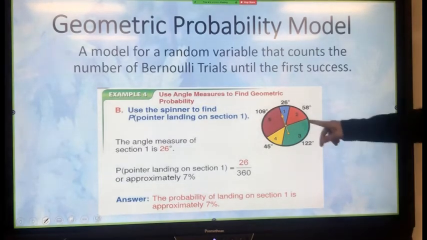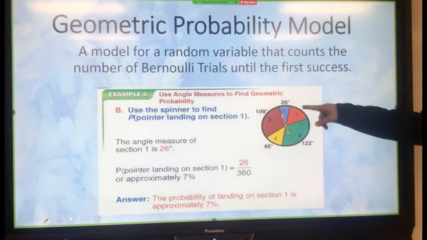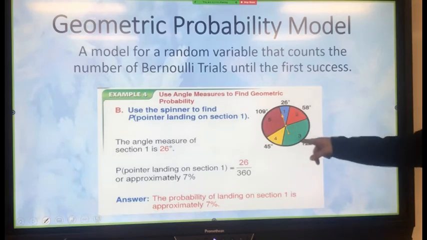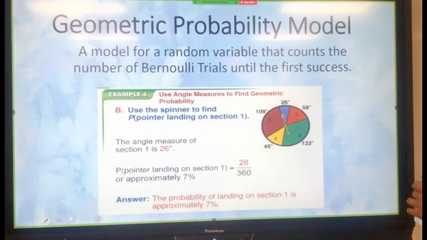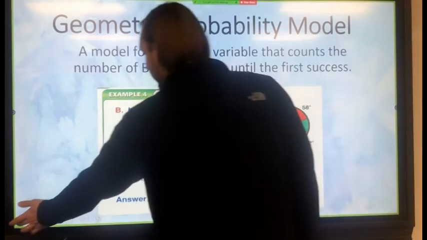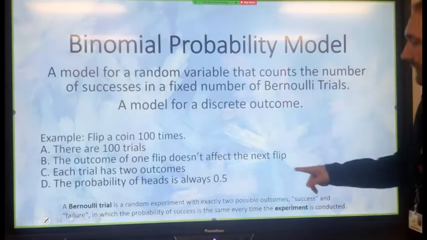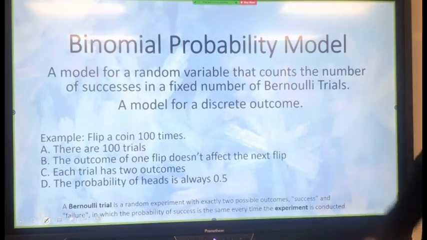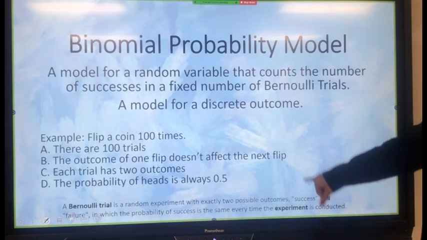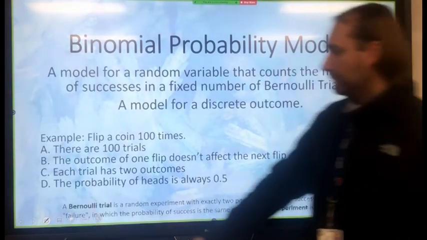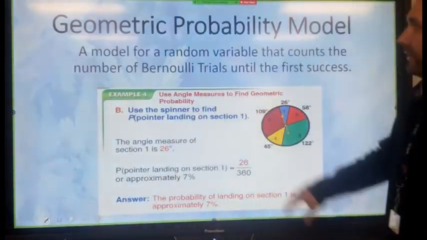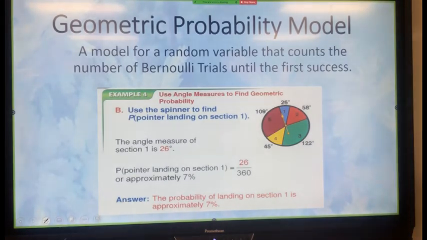Notice I have more than two outcomes, right? I can get a 1, 2, 3, 4, or 5. That would be a geometric. So you can almost basically say binomial, bi meaning two, has two outcomes, pass or fail. Everything else we're going to talk about would be geometric, anything more than two.